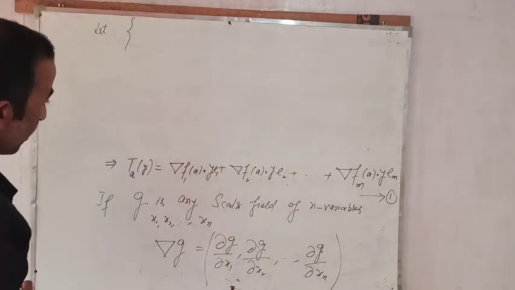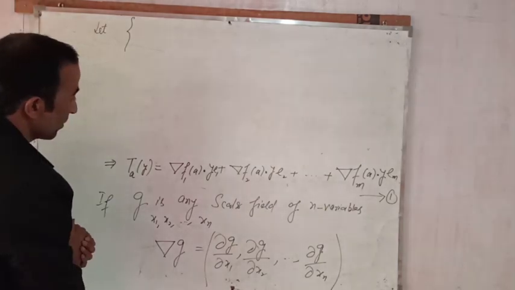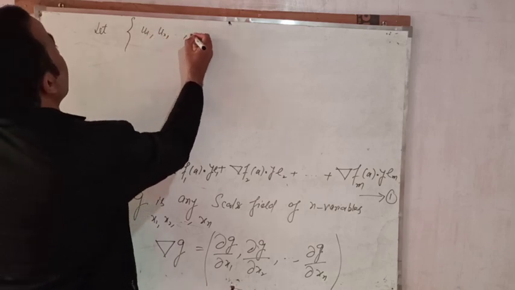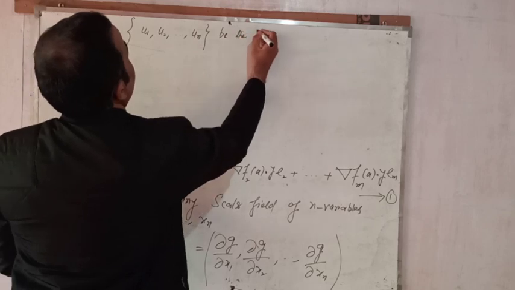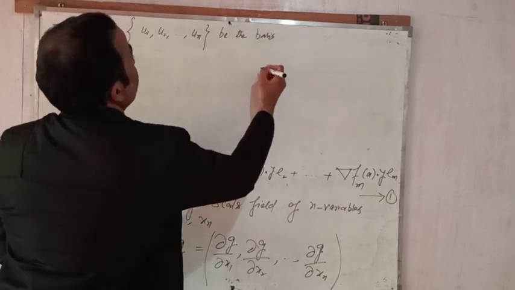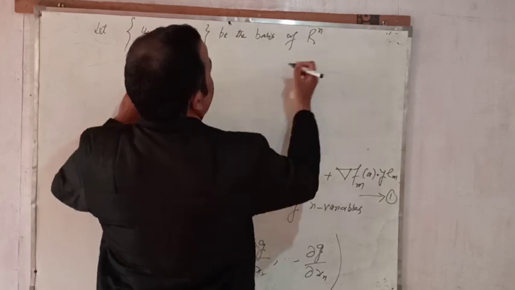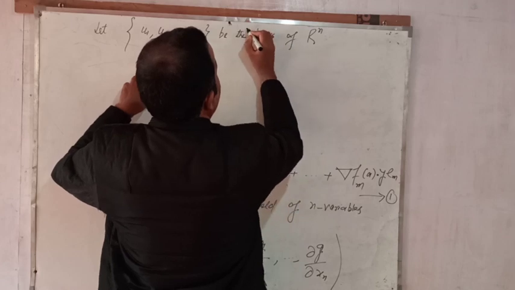I will choose say u_1, u_2, and so on, u_n to be the standard basis of R^n.